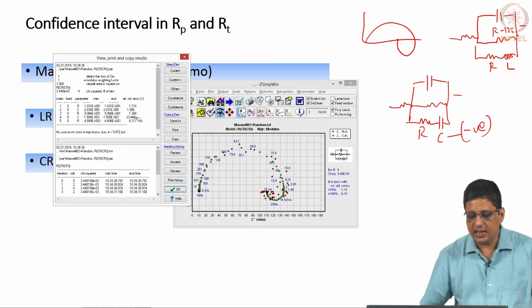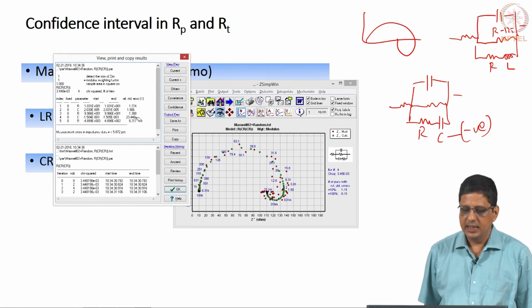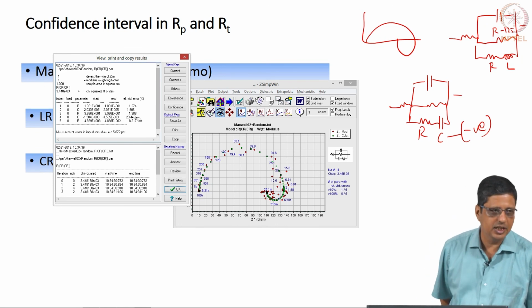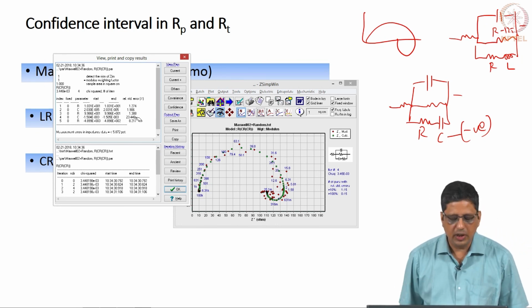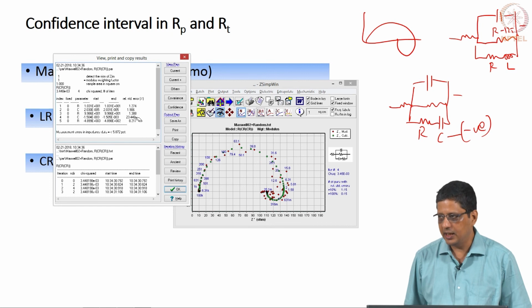The relative standard deviation is different now because of the way each element is related to the impedance. So we have 23-24% relative standard error for the capacitance. We have 8% standard error in the resistor which is associated with the capacitor.